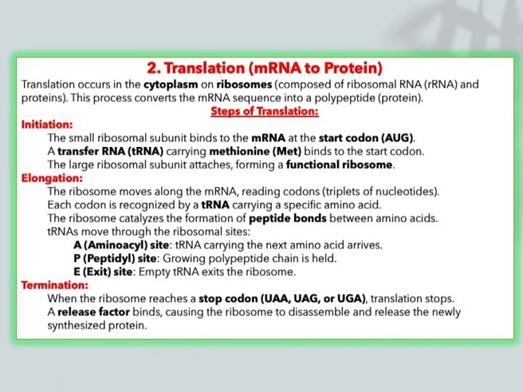Each codon is recognized by a tRNA carrying a specific amino acid. So tRNA is most important in carrying specific amino acids. Then the ribosome catalyzes the formation of peptide bonds between amino acids.